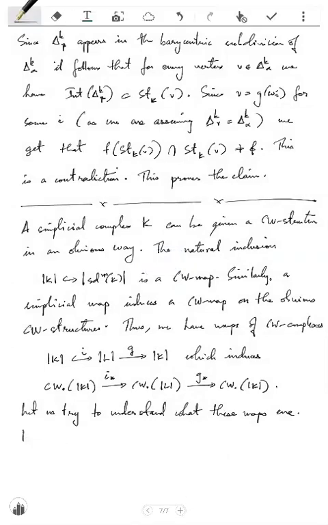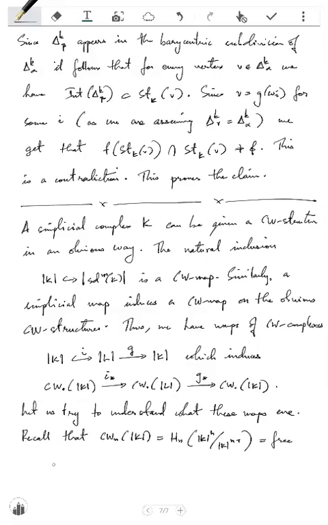We recall that CWn of mod K, this is the nth homology of the n skeleton mod the n minus 1 skeleton.